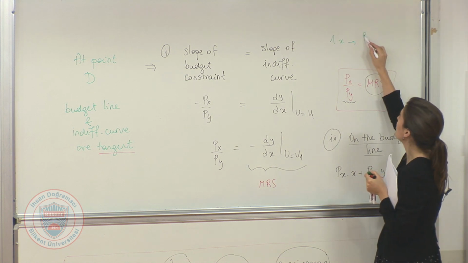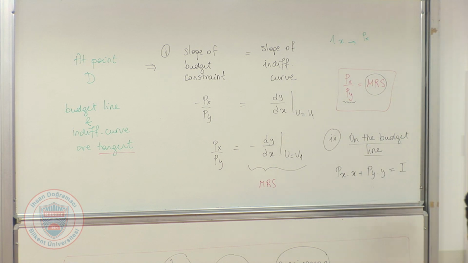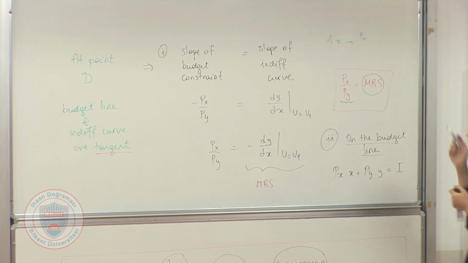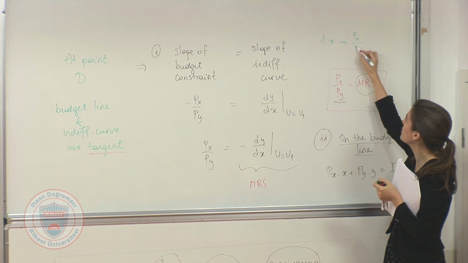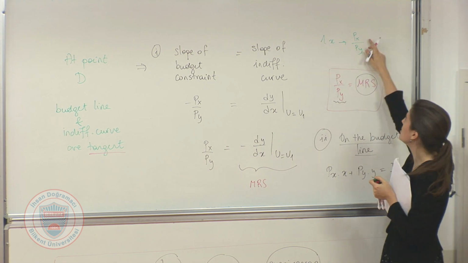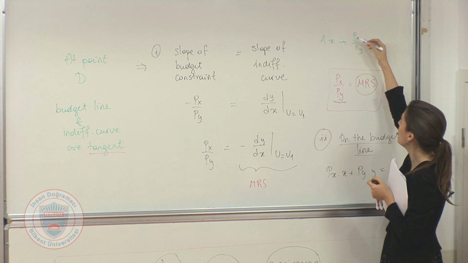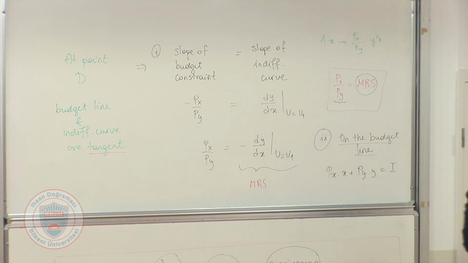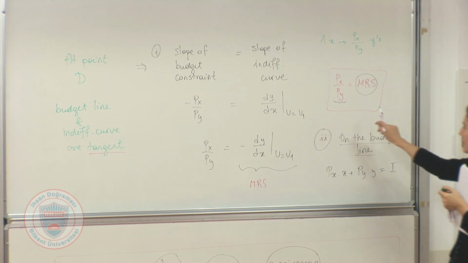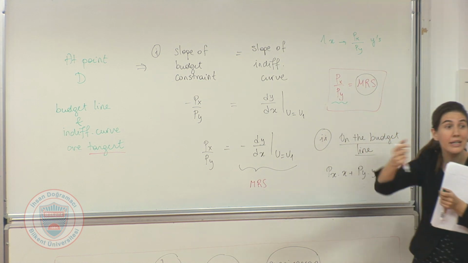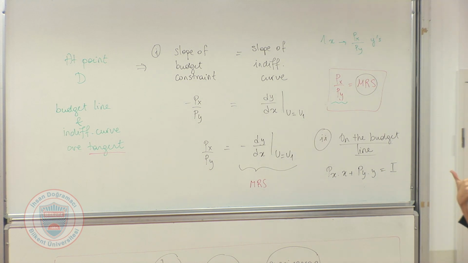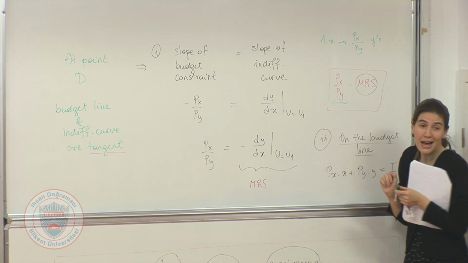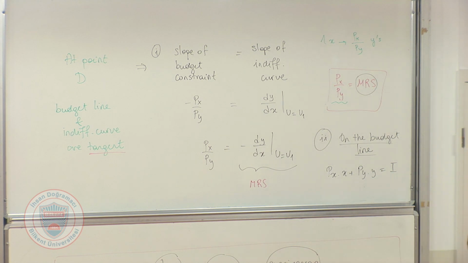So with this 1x, how many y's can you buy? Px over Py, right? So if you give one x, you can buy Px over Py units of y. So you see, this is the rate at which the market is willing to trade 1x for y. And this is the rate at which you are willing to trade 1x for y. Is that clear? Now you can explain this one to your grandma as well.